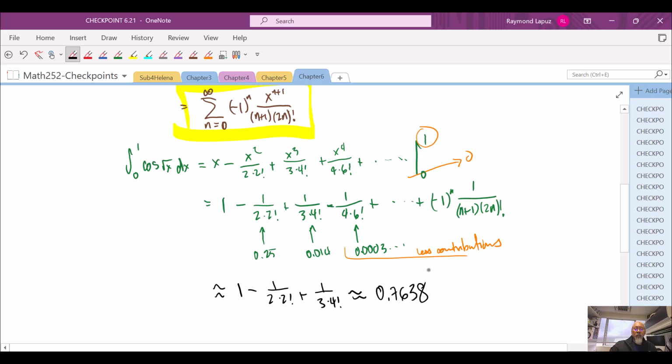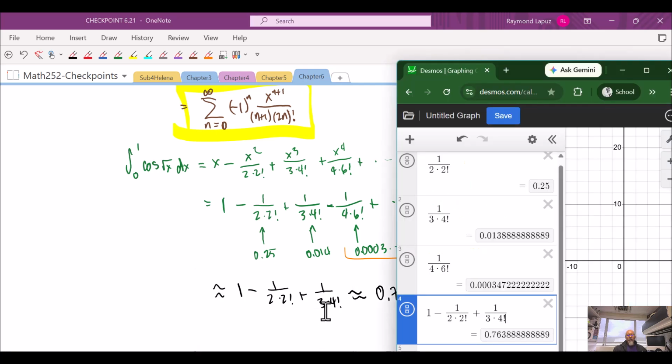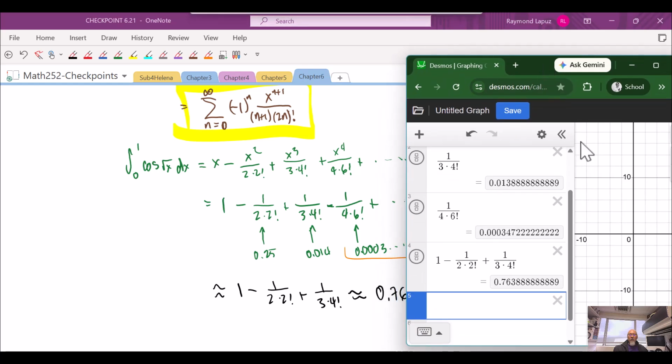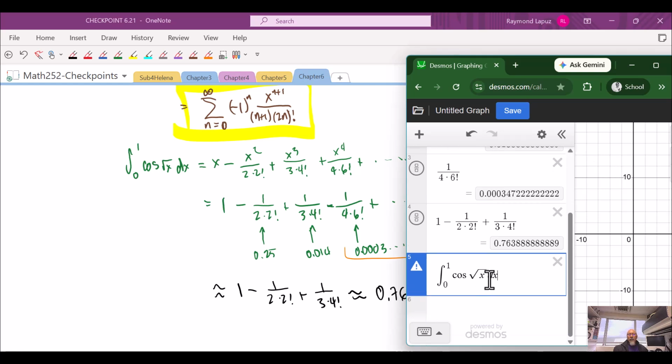0.7638. Just for reference, and just because we can, let's actually integrate and get a numeric value for the integral of the cosine. So let's integrate from 0 to 1 of cosine of the square root of x dx. I think maybe I'll put this in parentheses and then get our value.